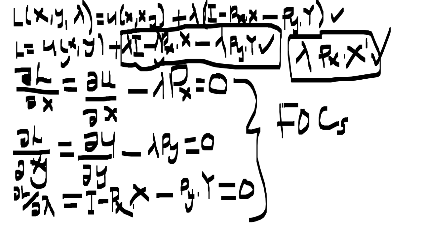So what we've done so far is setting up the Lagrangian function, then getting the partial derivatives with respect to x, y, and lambda. Now the next step is to simplify these equations.